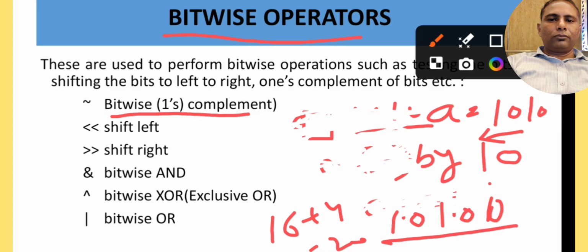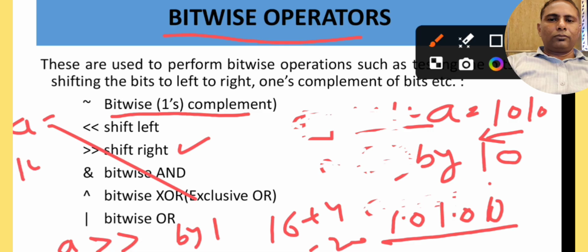Now if we want to shift right, another operator is shift right. For example, if we want to shift by one place and a is equal to 1010, then these numbers will be shifted right, meaning they go to this side.